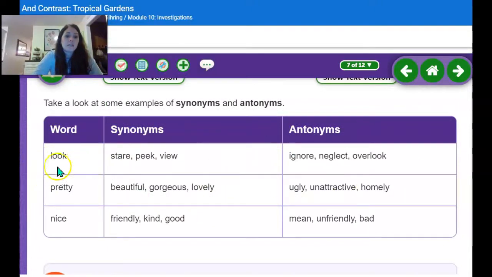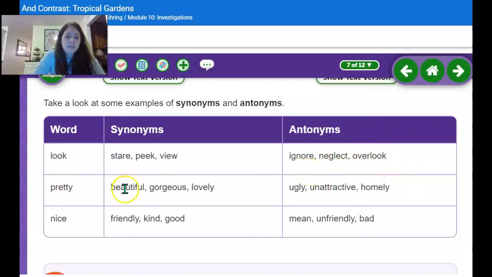So if the word was look, another word for the word look might be stare, peek, or view, and those all mean the same thing as look. Now, an opposite or an antonym would be ignore, neglect, or overlook, because that would mean you weren't looking.